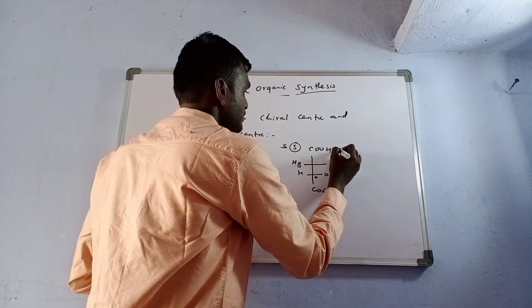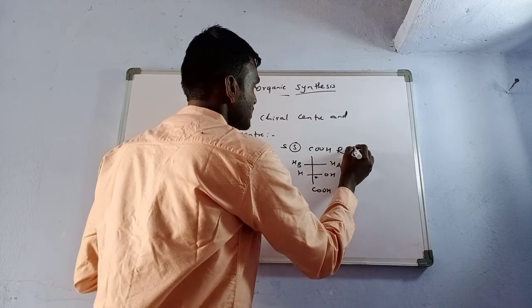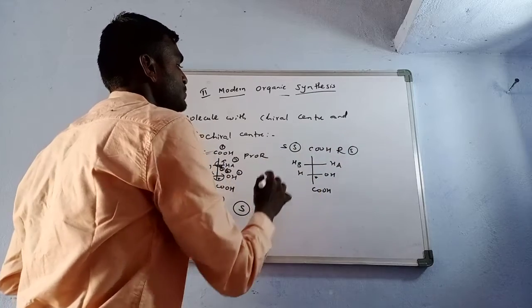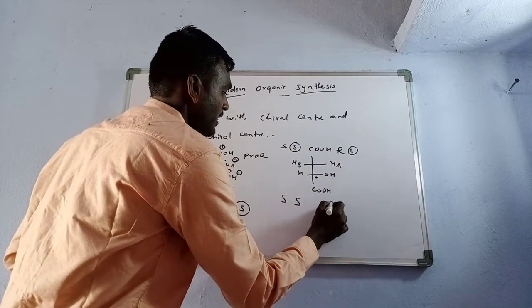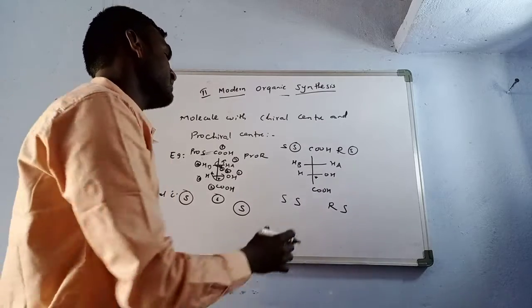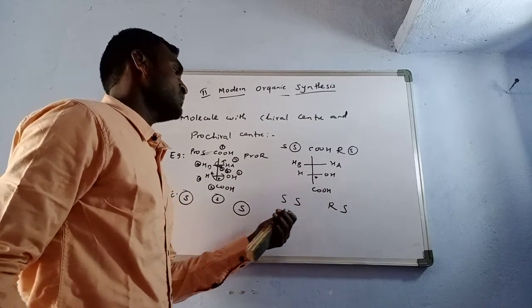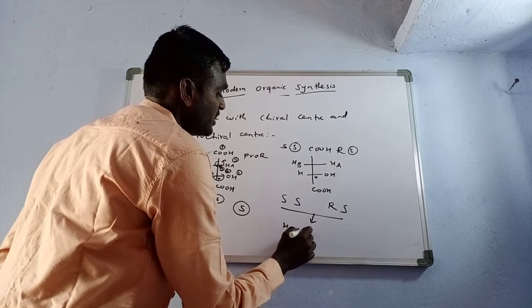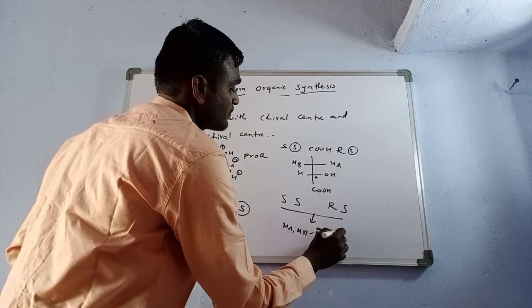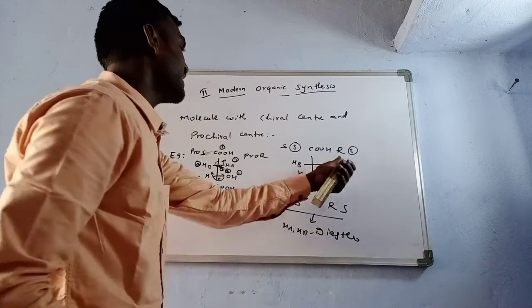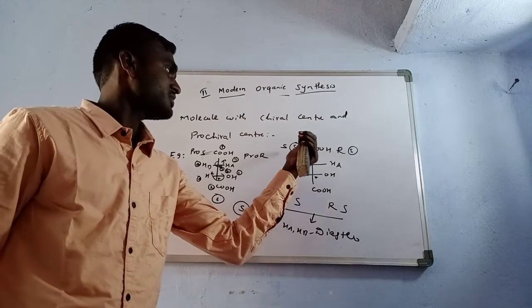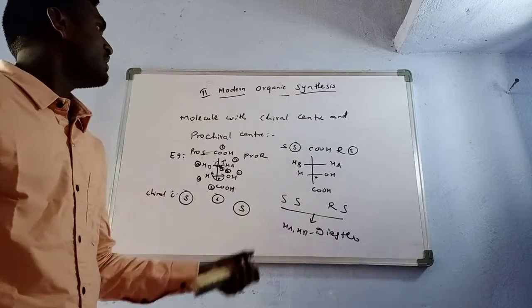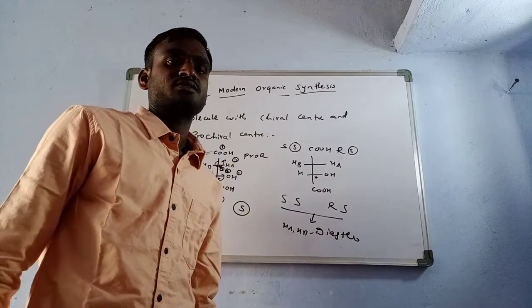And if you take this, it is R, and the chiral configuration is S. So with these two configurations, S and R, only one of the chiral configurations is inverted. Therefore HA and HB have a diastereomeric relationship between them. Okay, this is the pro-R and pro-S configuration.